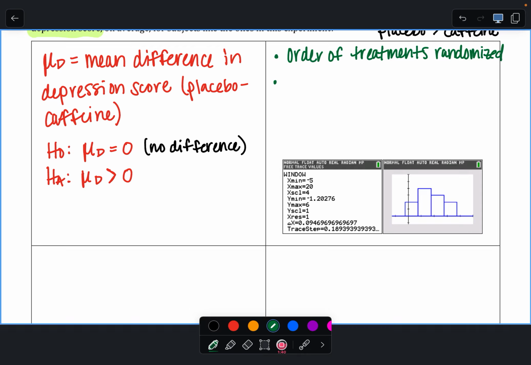We did use volunteers, so it's not like we randomly selected from a population. Anytime you're doing an experiment and you have not randomly selected, we just say the subjects are independent of each other. So I'm going to say the subjects are assumed to be independent.